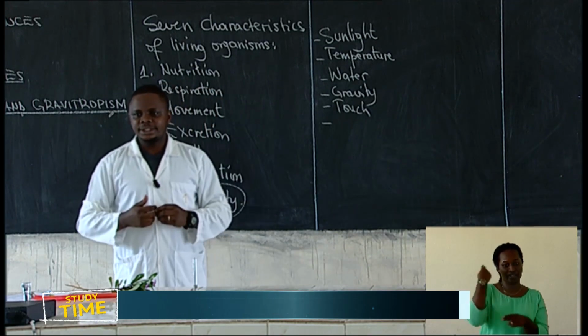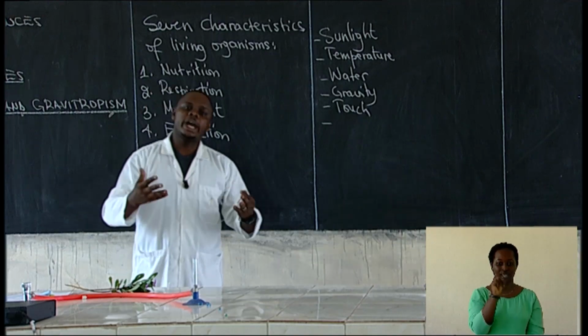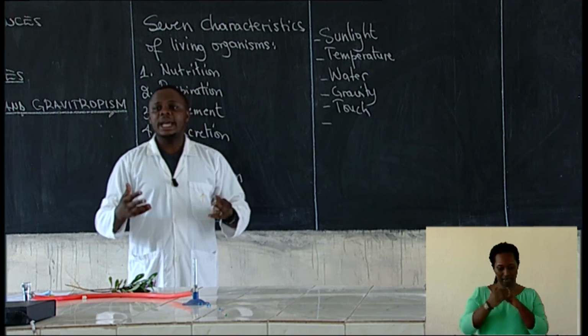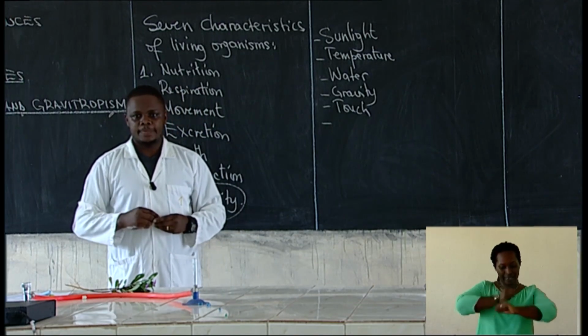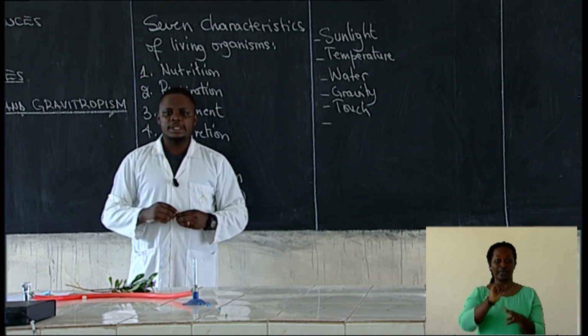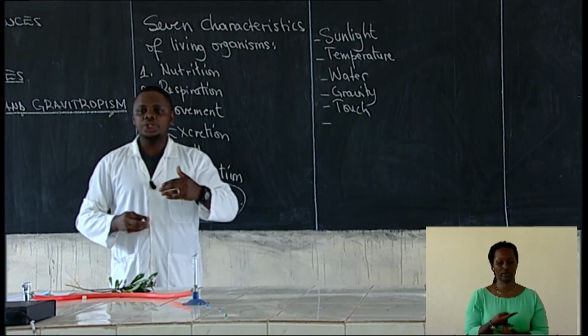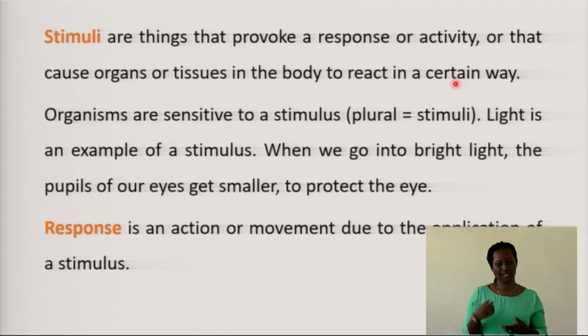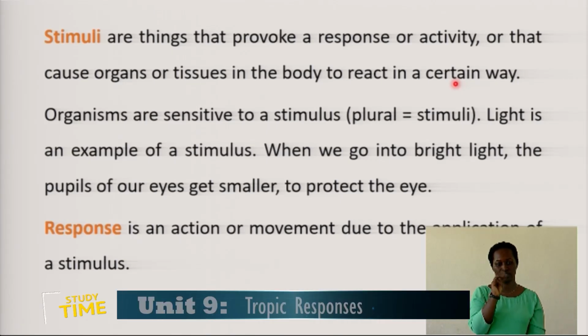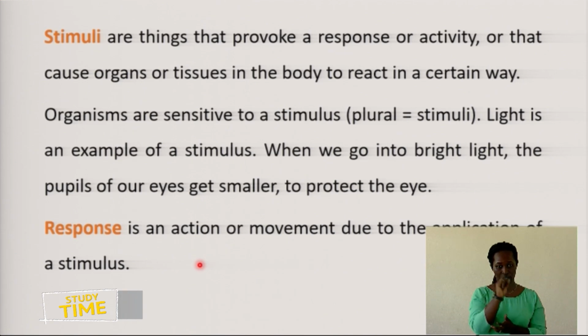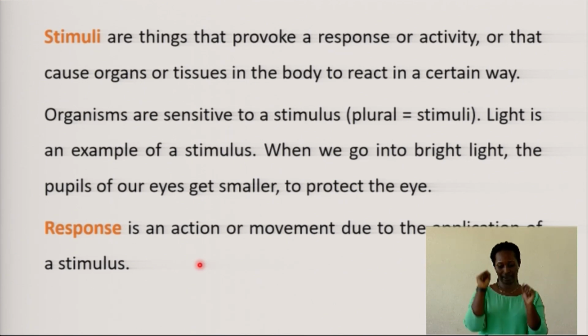This can make the organ of a plant react in a certain way. Then we have response. The term response is an action or movement due to the application of stimulus. That means because of stimulus, organs of a plant can respond to the stimulus.